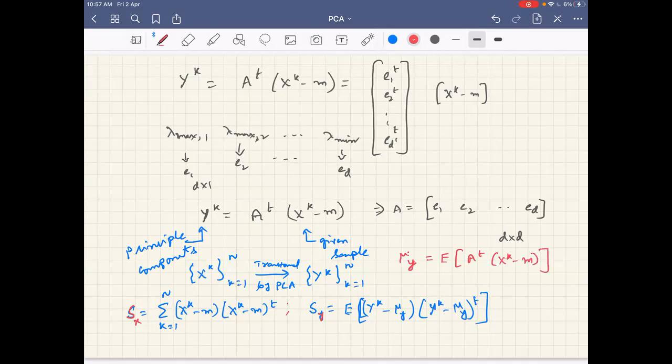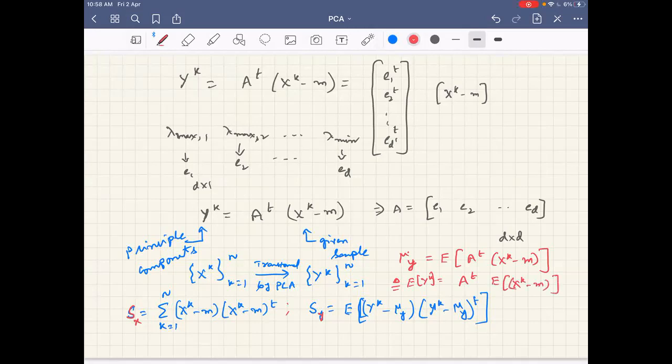Where has this A transpose into xk minus m come from? Because by definition, this is equal to the expectation of yk. That is what I have written on this side. A transpose being a constant, I can bring it out, and we have the expectation of xk minus m.